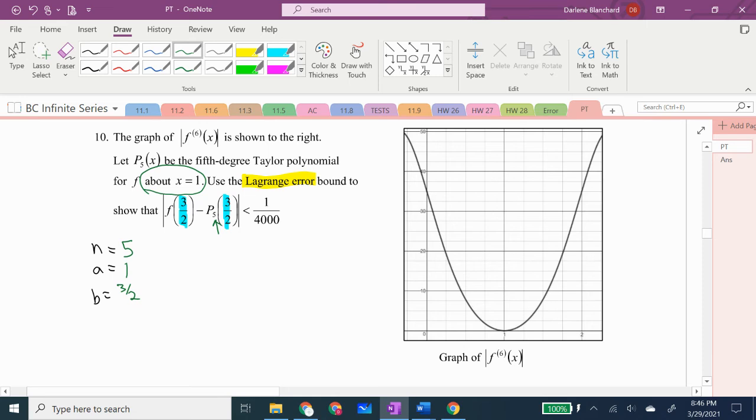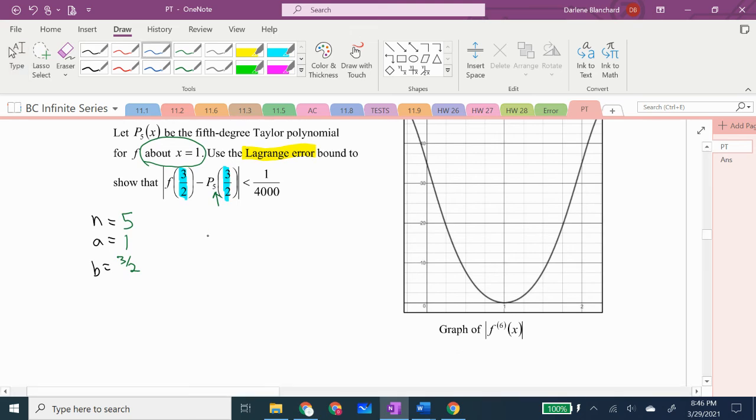Now, from there, I like to think about the Taylor formula itself. Normally, the Taylor formula is the nth derivative at the center, I'm just going to leave some parentheses here, over n factorial times (x minus a) to the n power. But because of this being an error, I'm going to 1-up the n's.